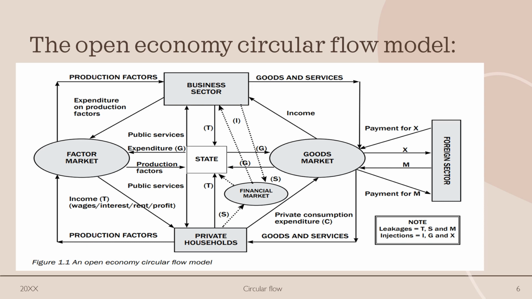Now if we also take in the states, it's just there, but it's very important. It interacts with the factor markets by buying factors of production. The government itself can also use the factors of production. You've heard people say, I work for the states.